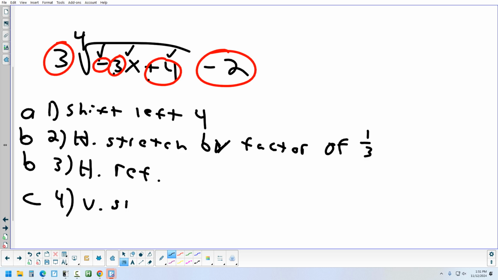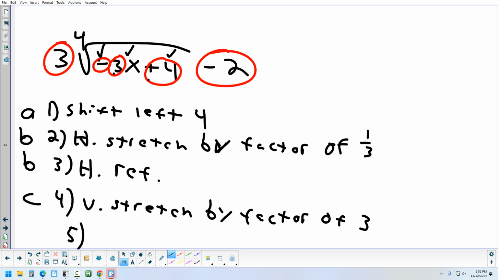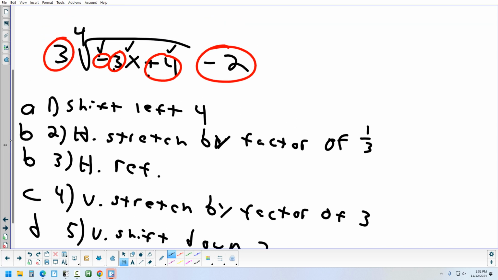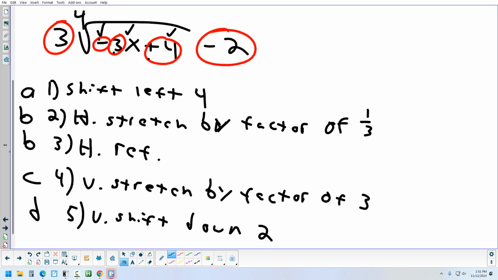Factor of 3. And is there a number in the D spot? Yep. Vertical shift down 2. Yep. Very good. That's a complicated one.